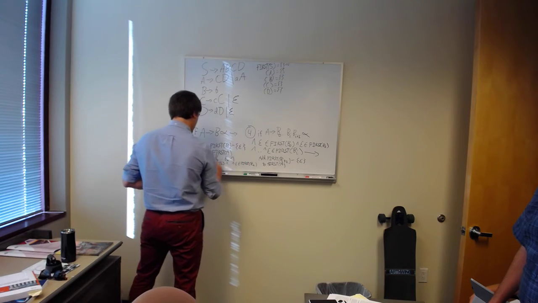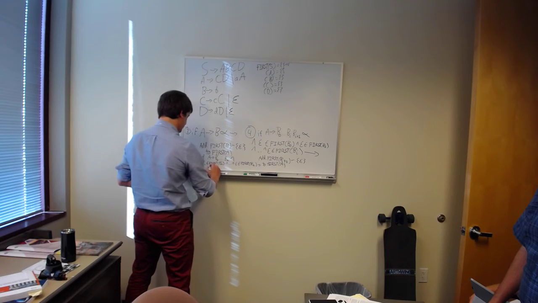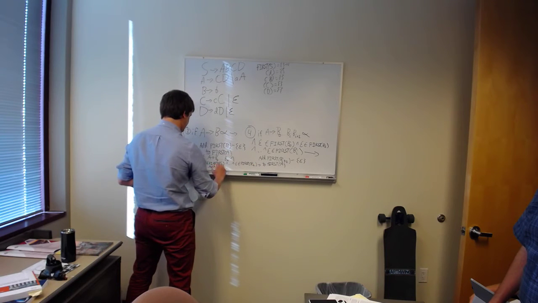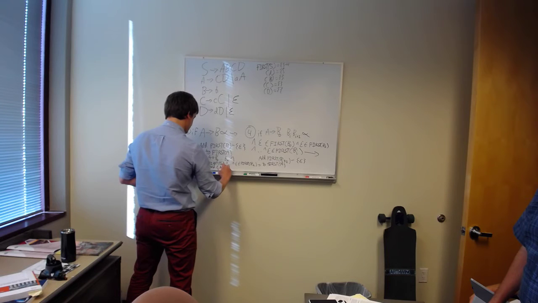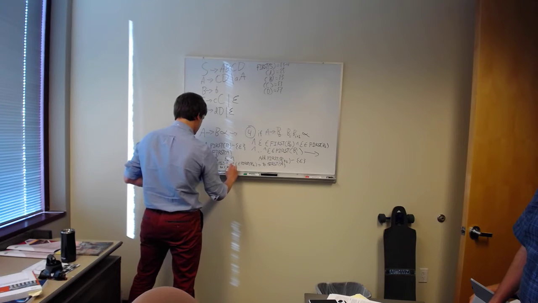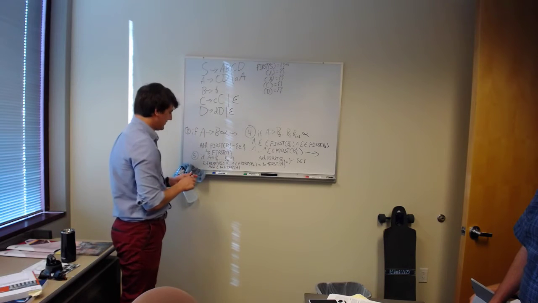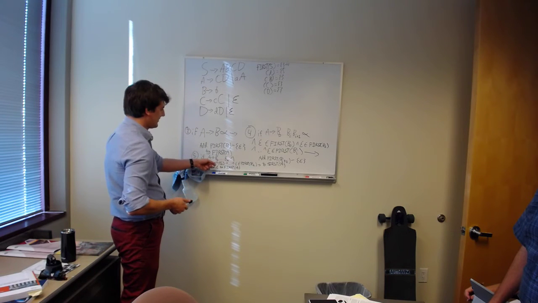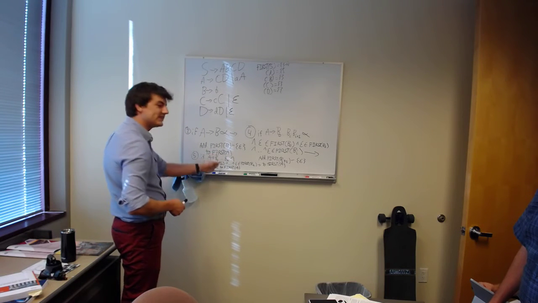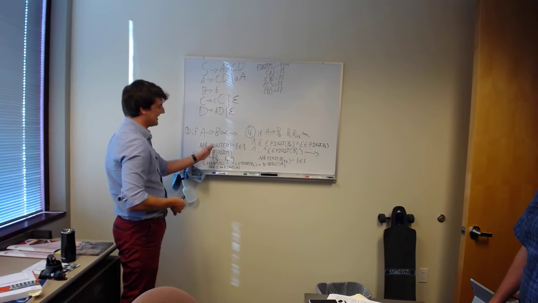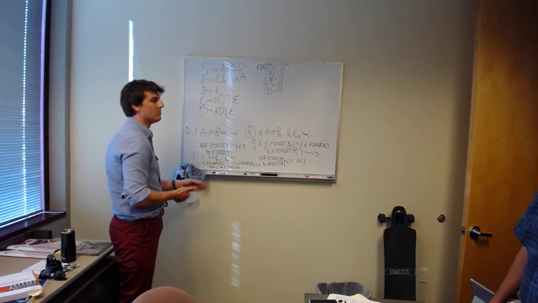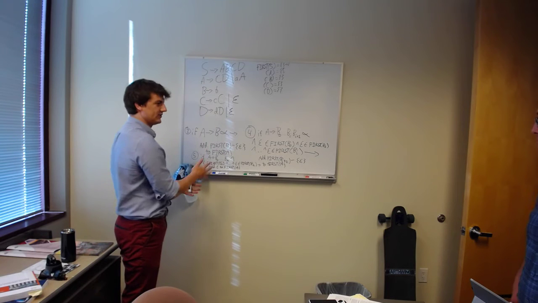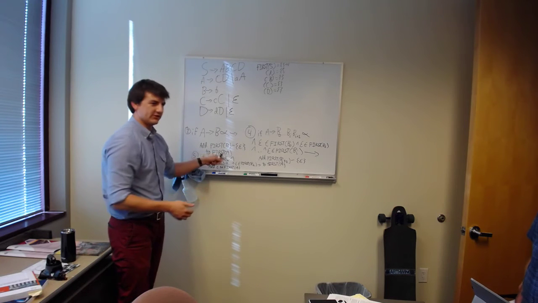Then we're going to add epsilon to first of A. We just push the epsilon up to the front. This makes sense, right? Because if every single symbol in the right-hand side can go to epsilon, then there must exist some combination of rules where A also goes to epsilon.